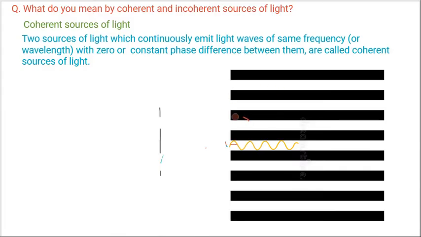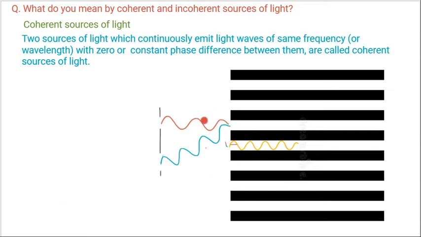Now let us consider the first order maxima. In this case, what happens? Suppose the light is coming from slit S1, one wavelength, two wavelength, three wavelength, and the light coming from slit S2, one wavelength, two, one, two, three, four.